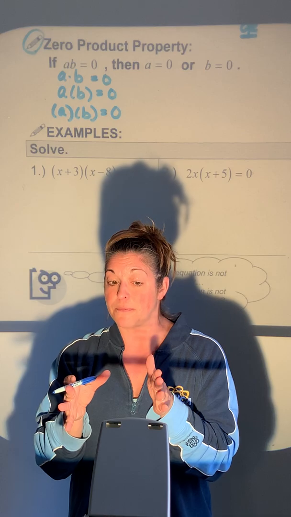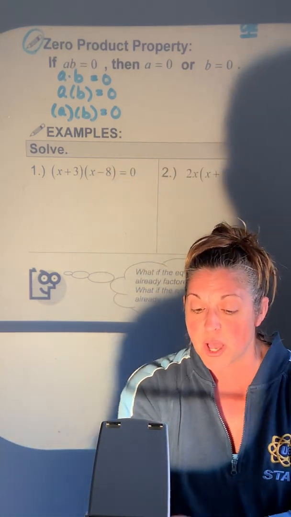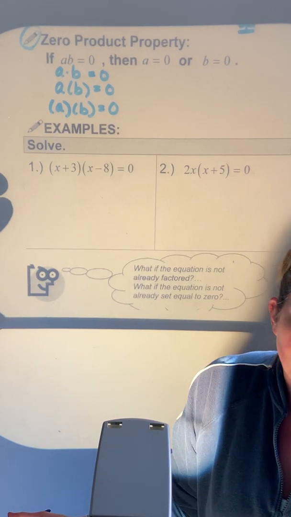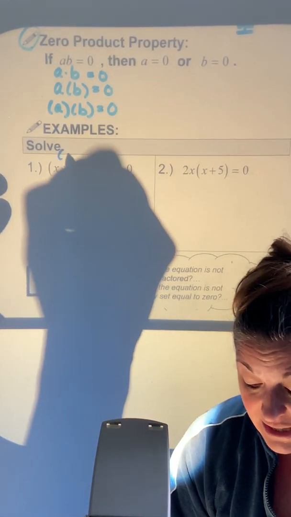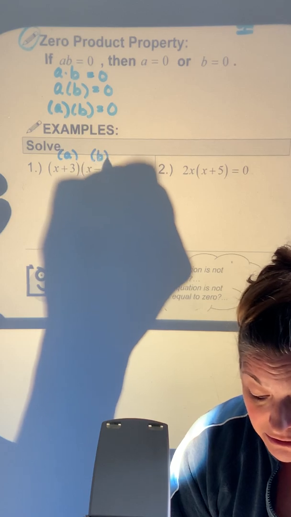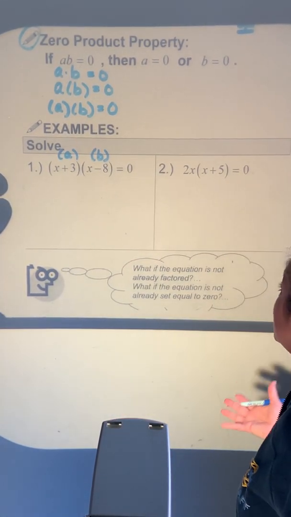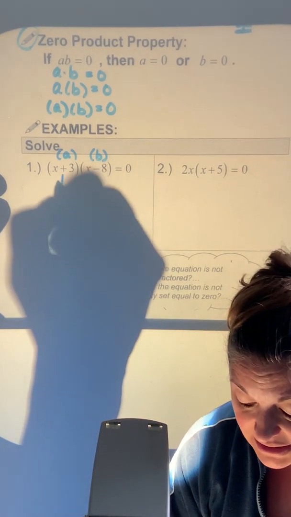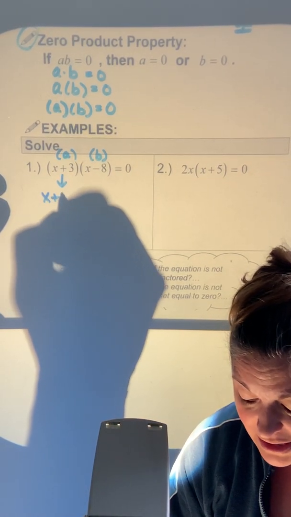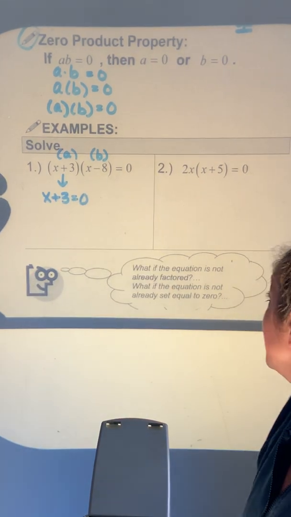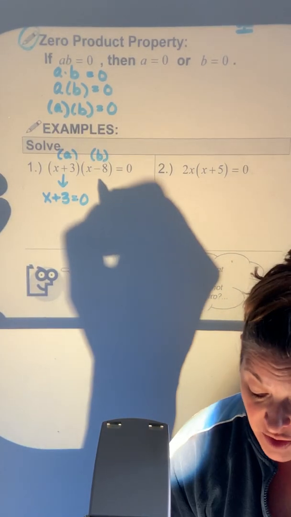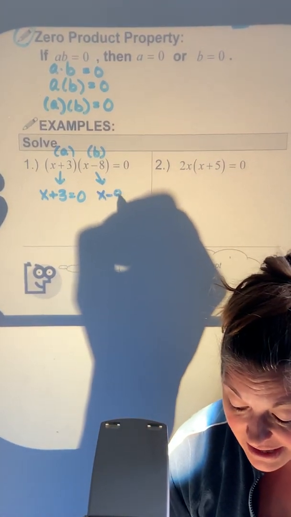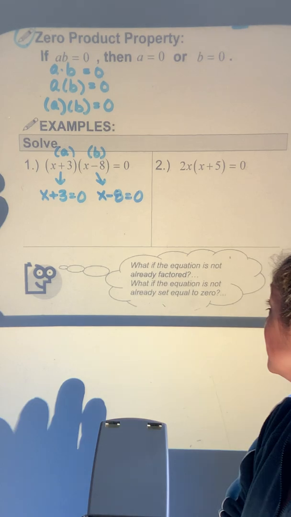There's only 0. So if you take a look at number 1, we're saying that we've got 2 things being multiplied and they equal 0. So kind of picture this as the A and this as the B. I've got 2 things that are multiplied to be 0. So what that tells me is either this entire thing here, x plus 3, must equal 0, or this entire thing here, x minus 8, must equal 0.